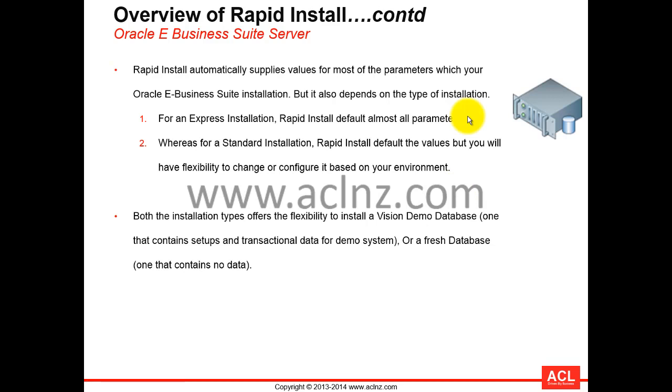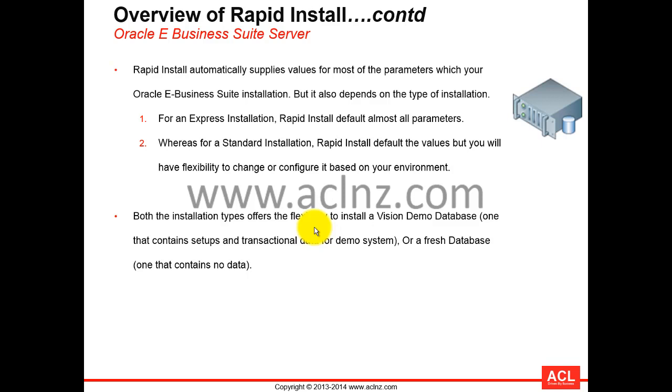Whereas a standard installation is more flexible. You can provide your own application specific or environment specific details while doing a standard installation. And last but not the least, both installation types offer you the flexibility to install a Vision demonstration database.